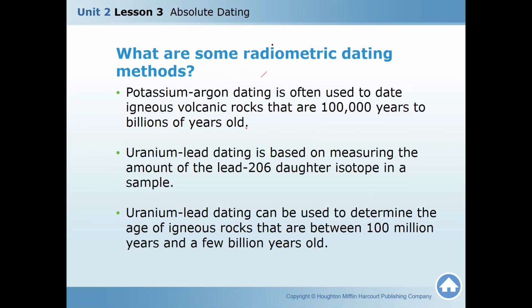What are some radiometric methods? Now, we finish with carbon. We have potassium-argon dating and uranium-lead dating. Girls, you will be astonished to know that the symbol for potassium is K. Like carbon is C, oxygen is O, nitrogen is N, sulfur is S, hydrogen is H, chlorine is Cl.